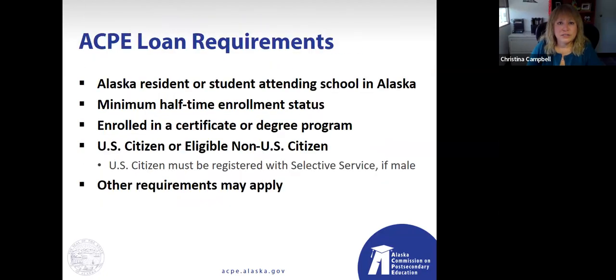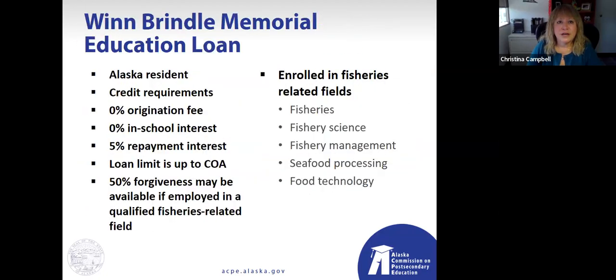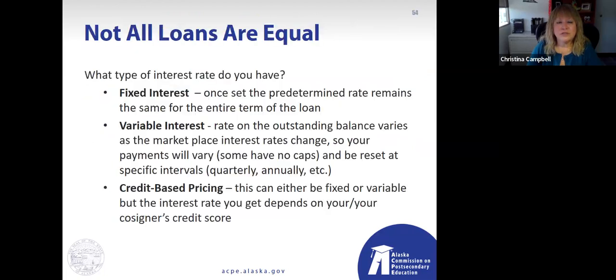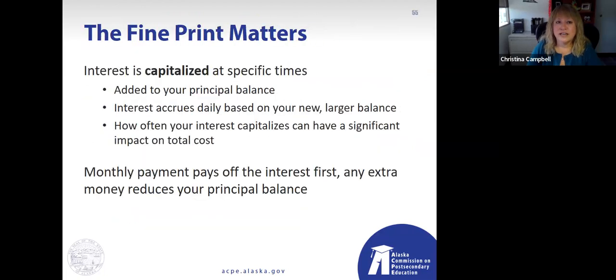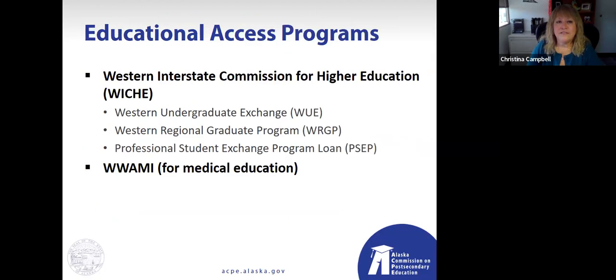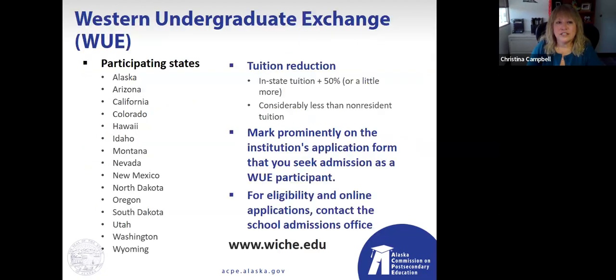So we're not going to go into the details of those, but loans can be used in state or out of state. And if there are also exchange programs, make sure that you exhaust all options for WUE and other exchange programs if they're offered.